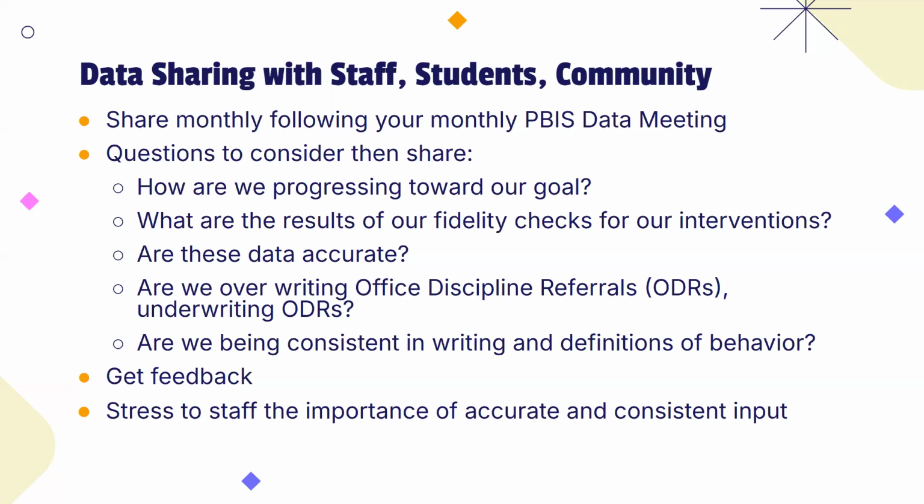Are we overwriting or underwriting office discipline referrals? I've seen this happen where we've seen teachers who will write up behaviors very often, sometimes too much so. And then we have, on the other hand, the teachers who pretend to be superheroes at all times and never want to write a student up because they want to handle all behaviors in their classroom setting.